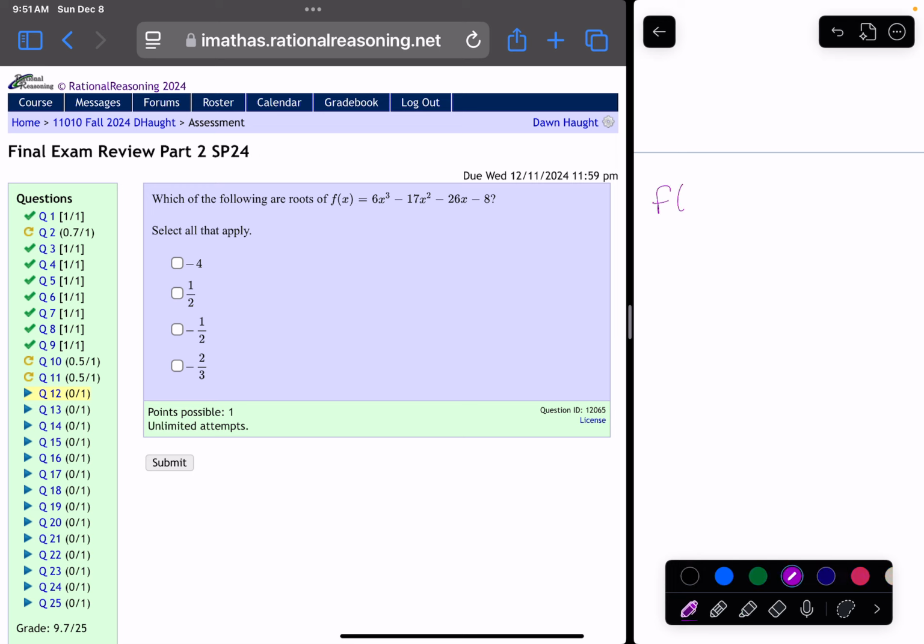If we plug in -4, let's see what we get. Get out your calculator, put your -4 in parentheses to the third power, minus 17 times -4 in parentheses to the second power, and so on. And we get -560. So that's definitely not a 0, not a root. So that one's out. Now let's plug in 1/2.